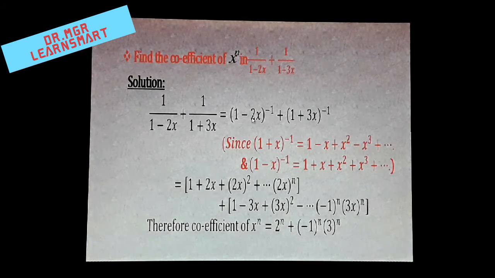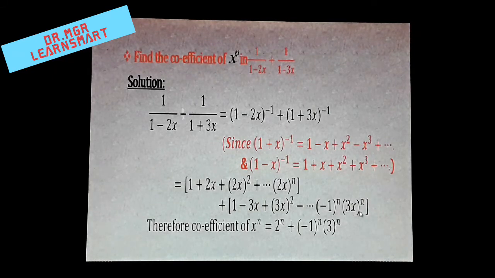So these two standard expansions we are going to compare. By comparing with this, we can easily expand (1 minus 2x) the whole power minus 1 like this, and by comparing with the other expansion we can expand (1 plus 3x) the whole power minus 1 like this. Now find the coefficient of x power n. In the first series, what is the coefficient of x power n? 2 power n. Actually the series goes up to plus etc. up to infinity.